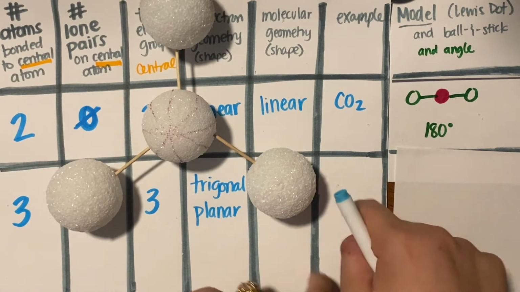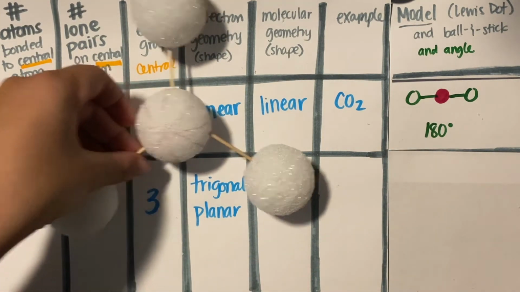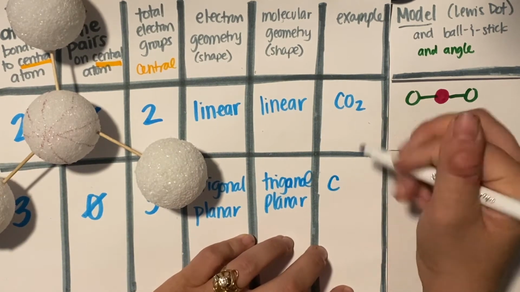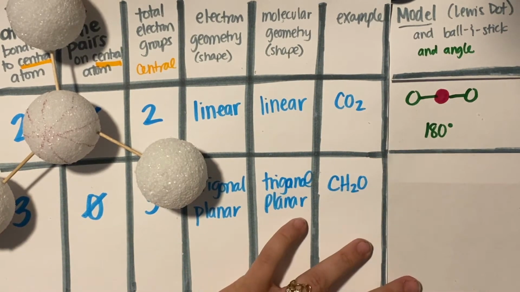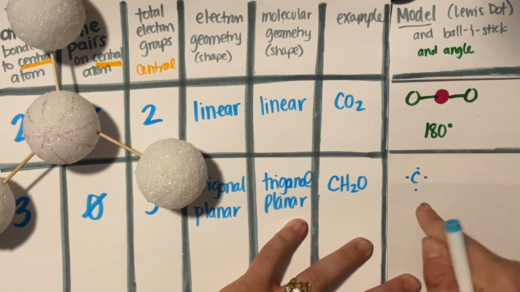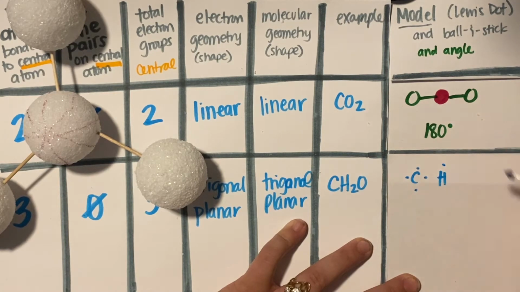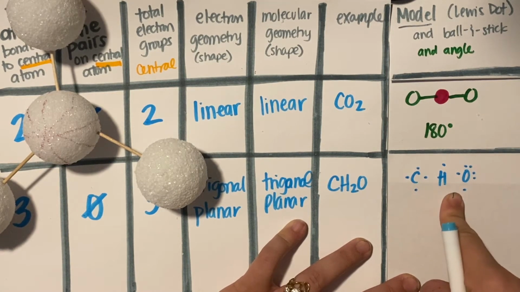And a real life example of this lovely one would be CH2O. If I was going to draw out CH2O, carbon has 4, each hydrogen has 1 single, and oxygen has 2 singles to bond.